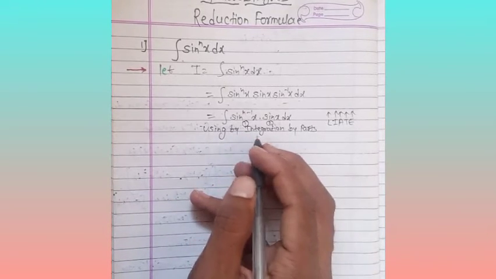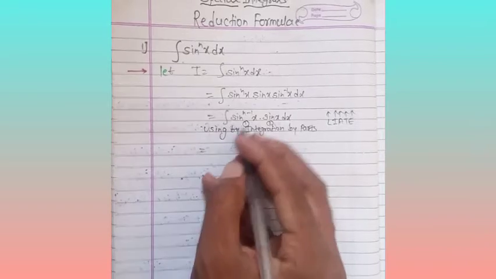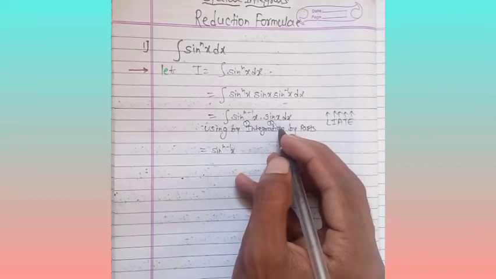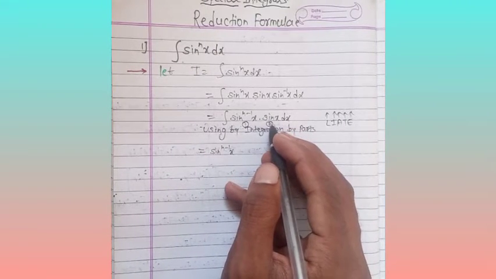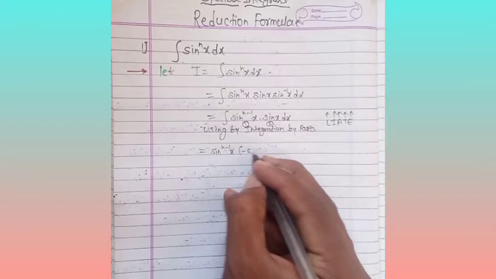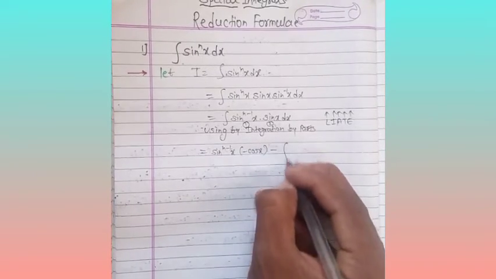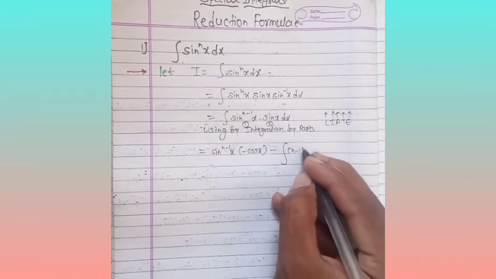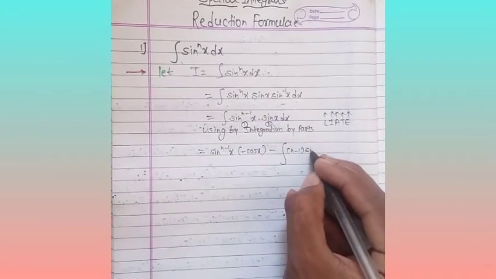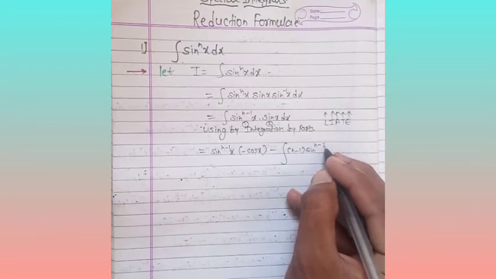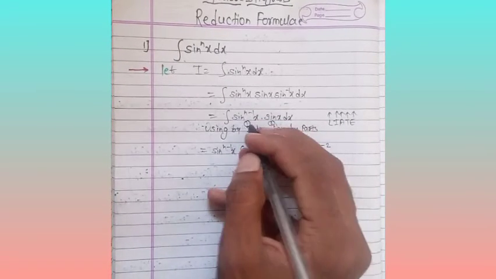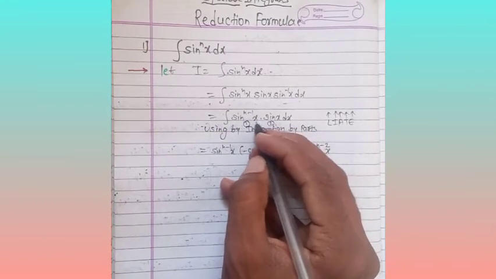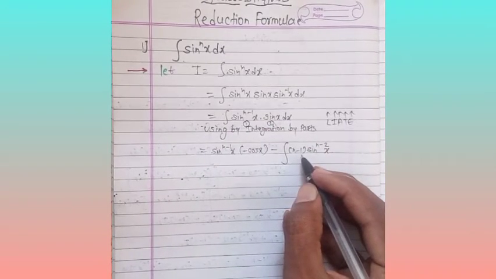So by using integration by parts, we know that first term as it is into integration of the second term. So the integration of the second term sin x is minus cos x, minus the integration of the derivative of the first term, that is n minus 1 into sine raised to n minus 2 x into the derivative of sin x, because we are dealing with the derivative here.